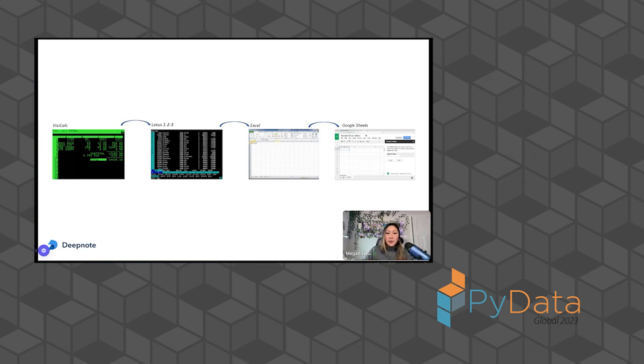But as history would have it, both of those would be beat out by Excel in 1987 when it was introduced, which of course remains the market leader in spreadsheets. And with that, spreadsheets really became the preferred business application, and notebooks really faded to the background.